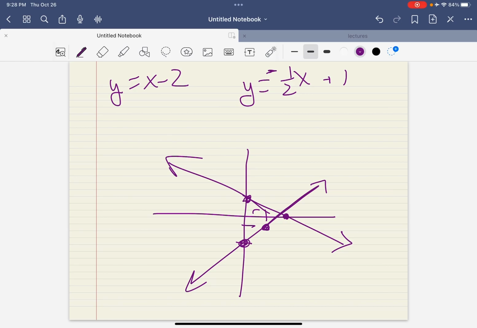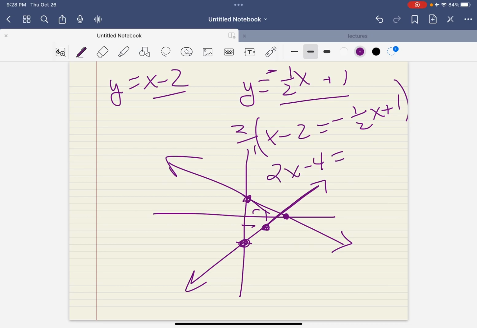So then to check that, we just set this equal to this. So x minus 2 is equal to -1/2 x plus 1. We can multiply by 2. 2x minus 4 equals -x plus 2.